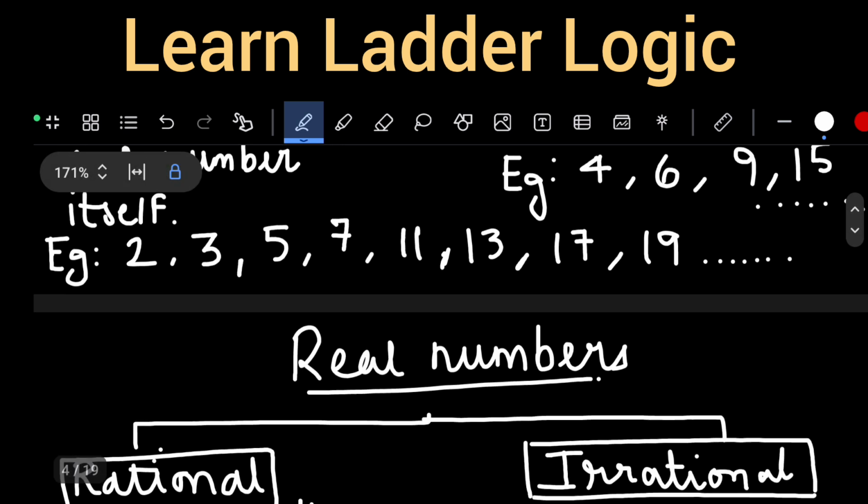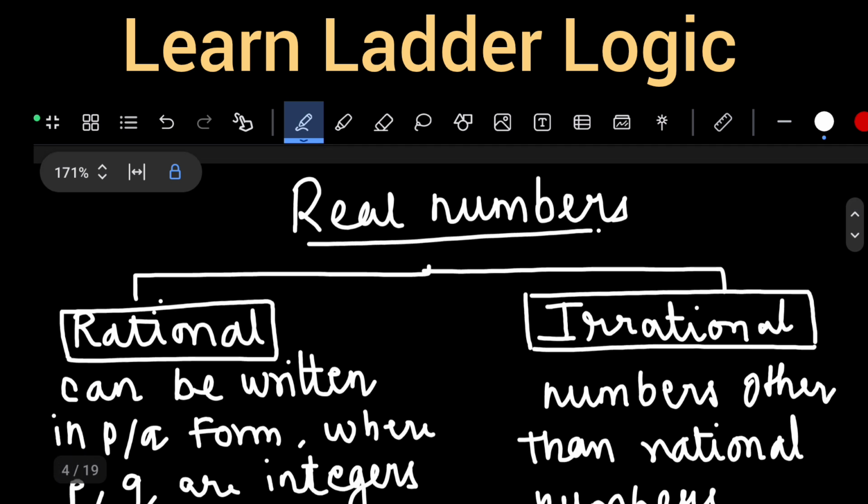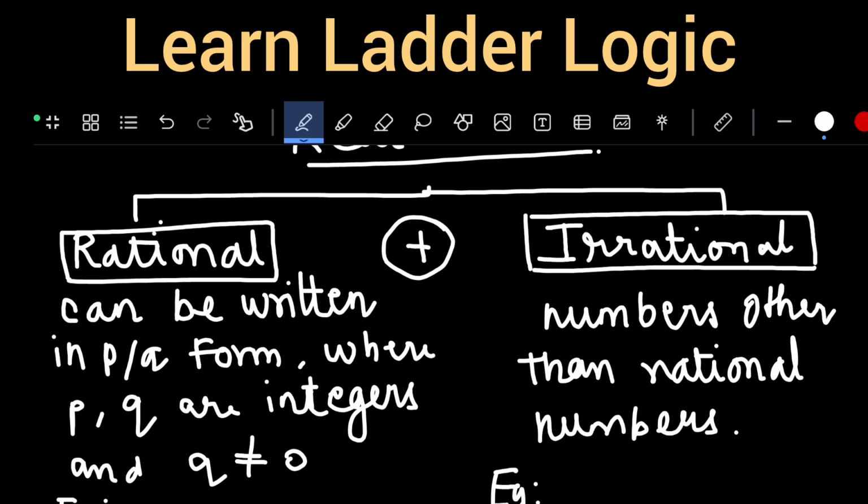Now, let us understand the topic which we are learning, real numbers. What are real numbers? Real numbers are combinations of rational numbers and irrational numbers.